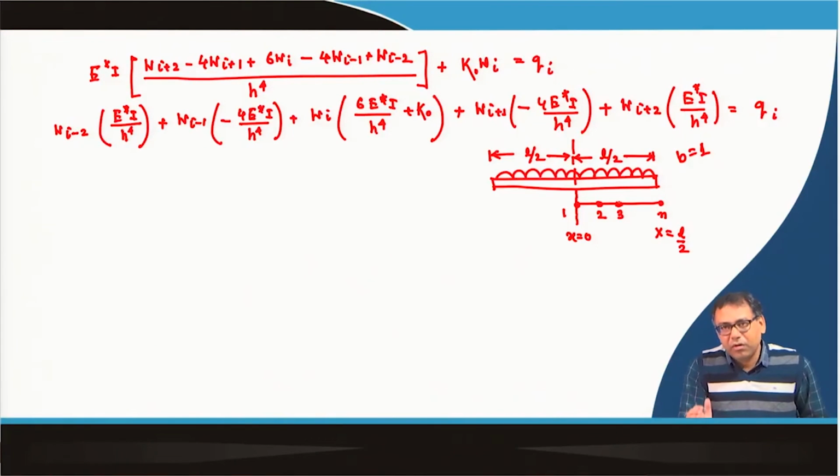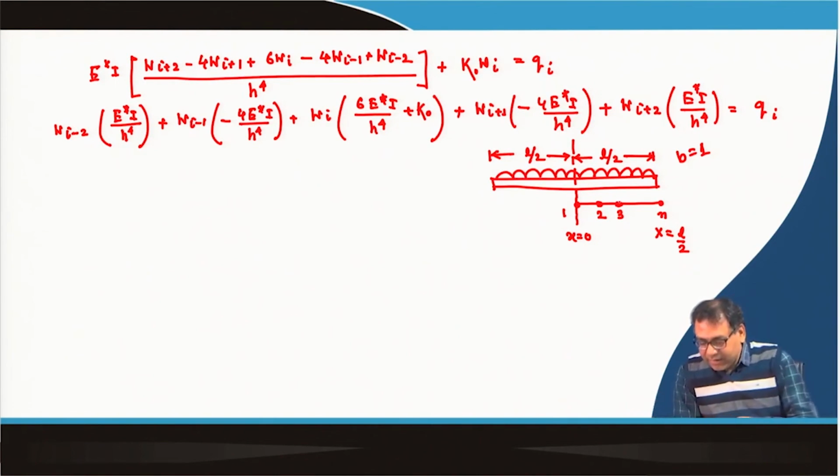From the third node onwards there is no issue, but if I want to apply it at the first node, then I have to get the I minus 2 node, that means the minus 1 node, which is not present. So, for the first node and second node we cannot apply this, but from the third node onward we can apply it.